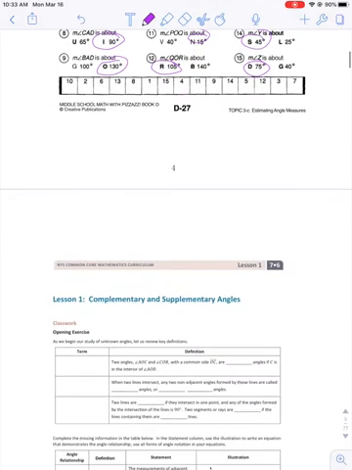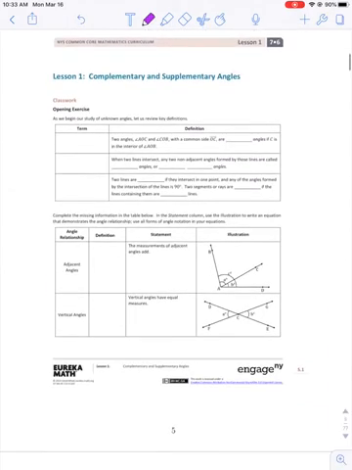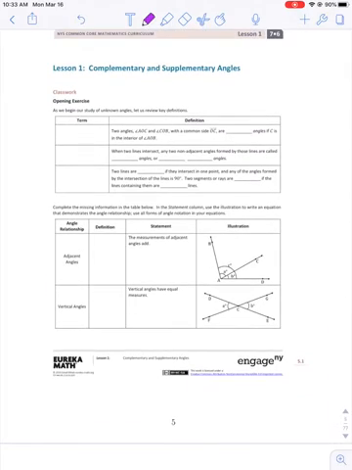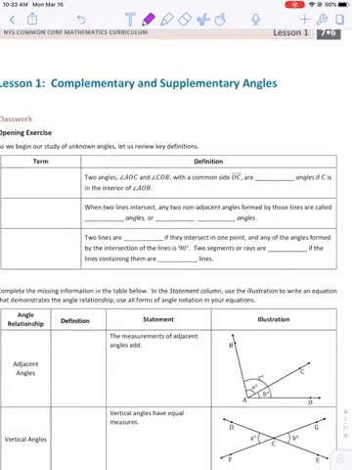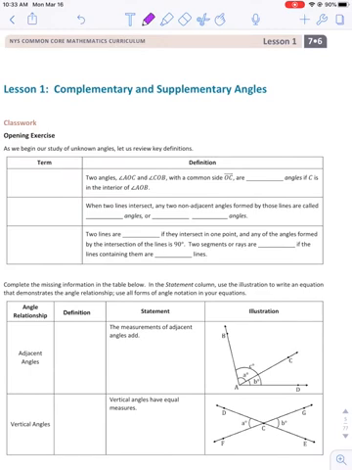All right, we're going to take some notes on this page. So this is just to make sure that we all have the exact same vocabulary for each of these different words. So if two angles share a common side, what that might look like is here's A, here's O, here's C. That's angle 1.